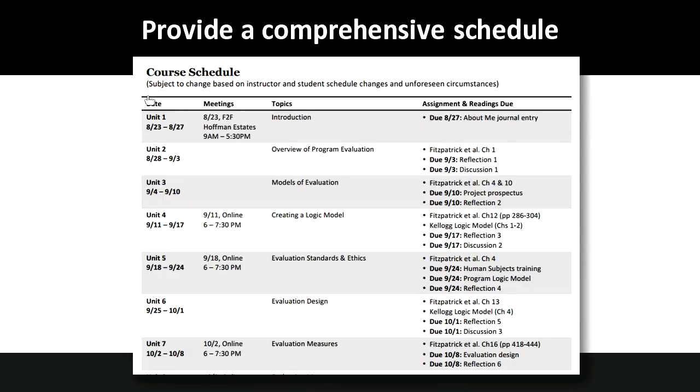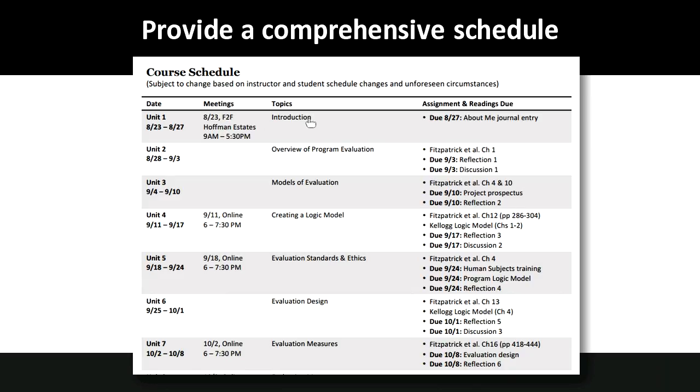This is a table, and it's been broken down into units. That's letting the students know right off the bat that this is broken into 7, 10, 16 units, however you would like to break it up into chunks. It again lets them know what the meetings are, so if there are any date and time sensitive meetings, that's going to let them know where those fall.